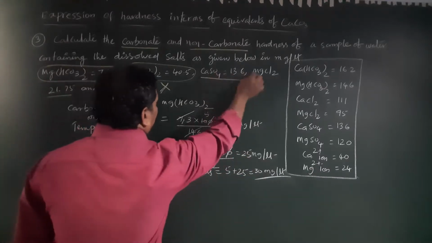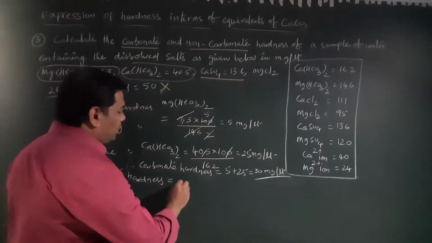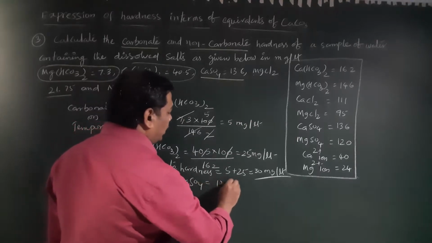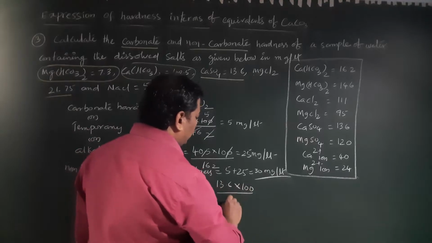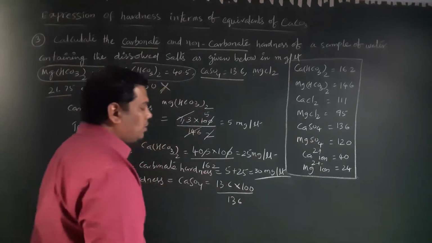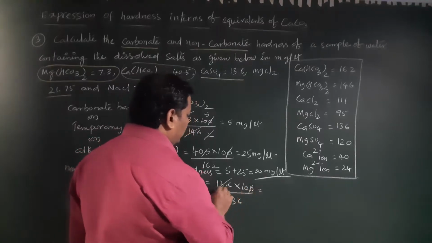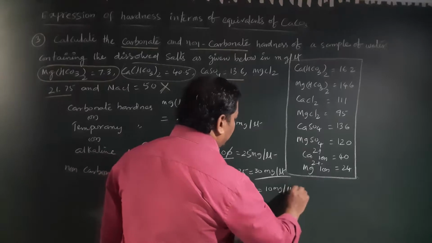So we have two salts, calcium sulfate and magnesium chloride. First, calcium sulfate: 13.6 into 100 divided by the molecular weight of the hardness causing salt, which is 136. The zeros get cancelled, 136 by 136, so that is equal to 10 milligram per liter.